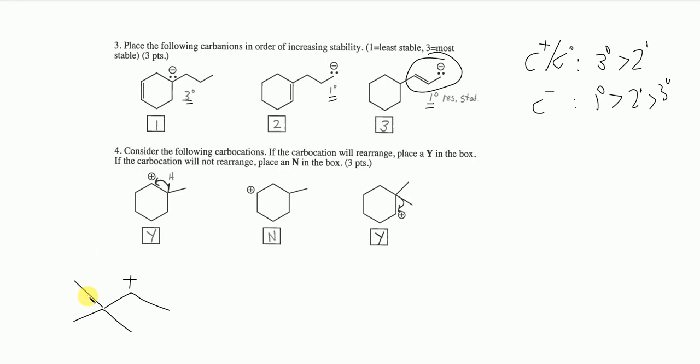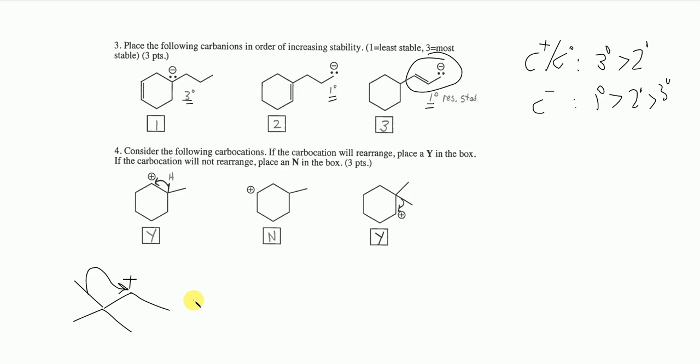One thing that can happen is a methyl group can shift. So this is called a methyl shift, right? And it will come over here to help stabilize this positive charge. And in nature, these things happen if the product of it is either just as stable or more stable, right? That makes sense.